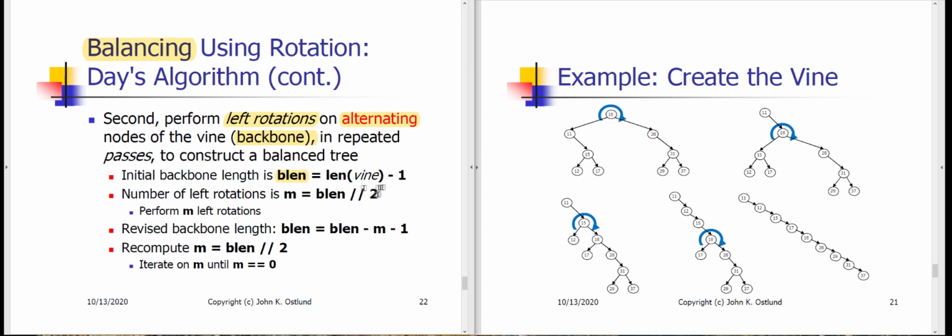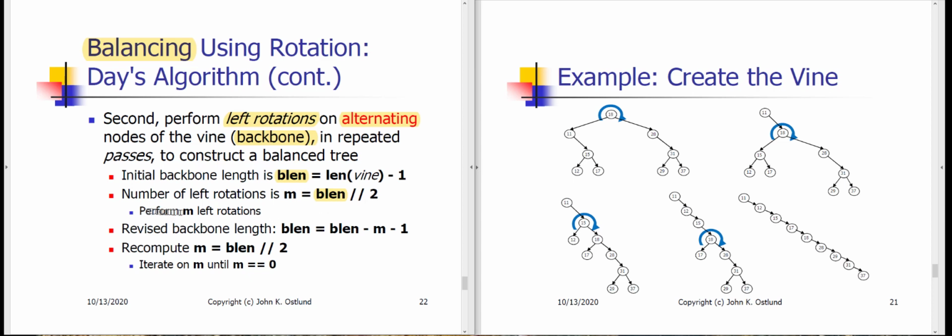And so it makes sense that whatever the length of the backbone is, we're going to do half that many rotations. And of course, we can't do fractional rotations, so we're going to do a floor divide by 2, so that if the length of the backbone is odd, we won't do half a rotation down at the bottom.